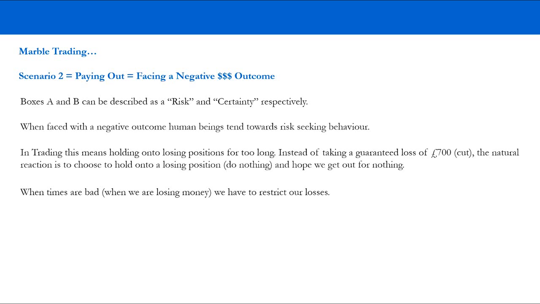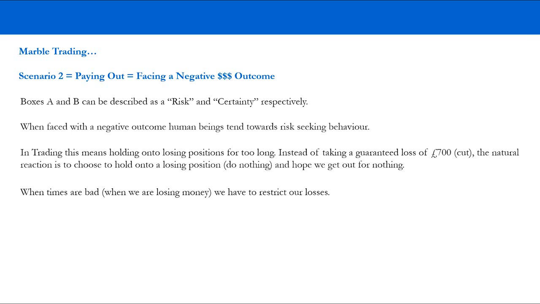So when you were putting your hand in the box, choosing box A or box B, and the outcome was that you were paying me. Well, in this instance, you're facing a negative numerical outcome, because the outcome of this game, whichever box you put your hand in, you have to pay me.